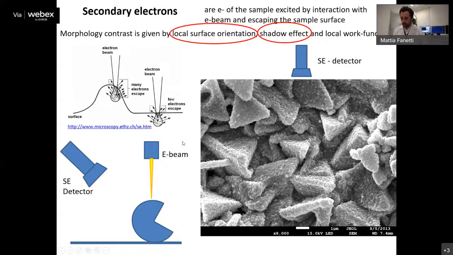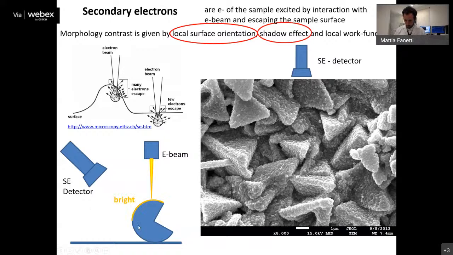Depending on the position of the detector, in some regions it will be easy for the secondary electrons to be driven toward the detector, while in other positions, for example here or here, where I have a hole, the trajectory of the secondary electrons when they are out of the sample in order to reach the detector will be much more difficult, and so the detected signal will be lower.